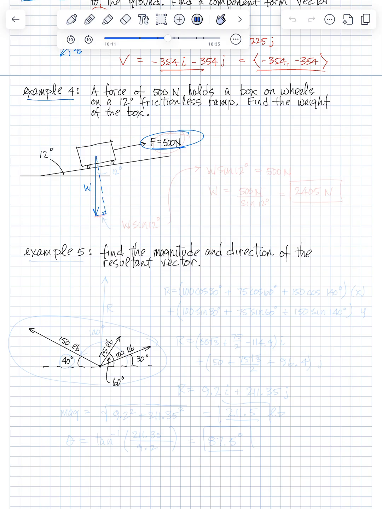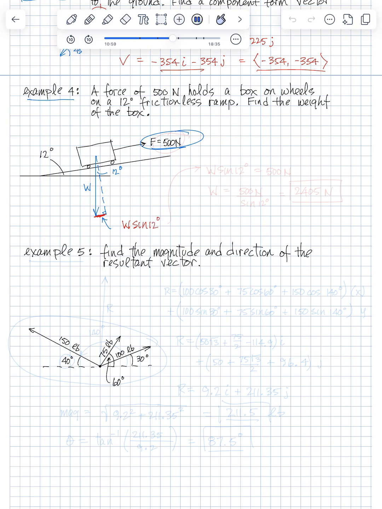Now, because of similar triangles, we know that this angle right here is also 12 degrees. So we want to find this. This is going to be W sine 12 degrees. And that's going to be the same as this force because they're both in the same direction. They're both parallel. So this right here, and I'll fill it in with red, is W sine of 12 degrees.